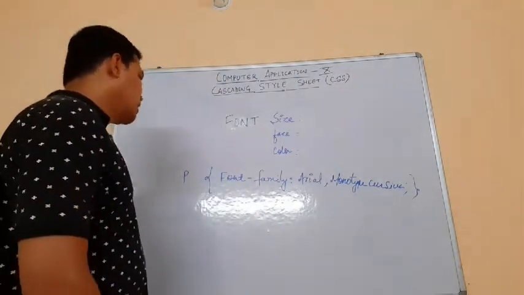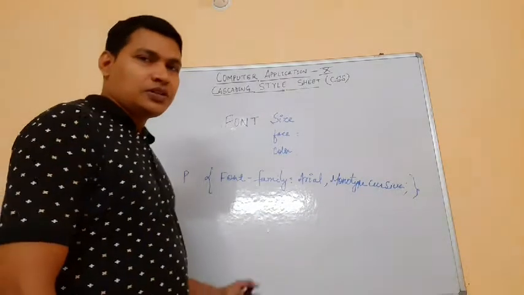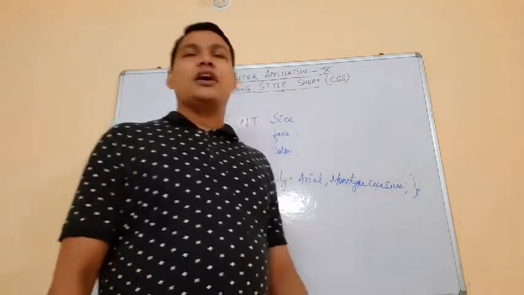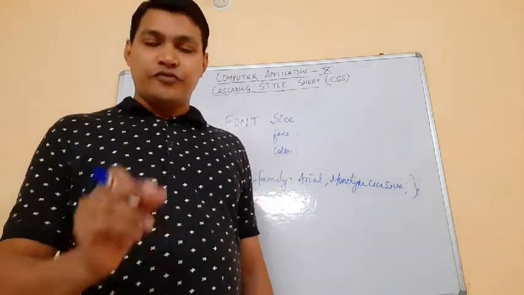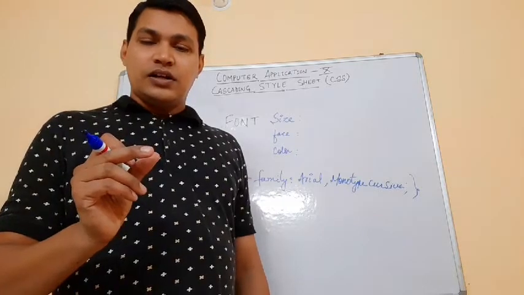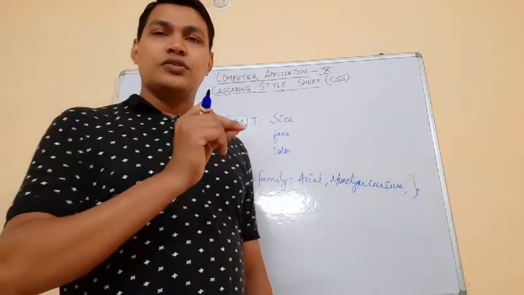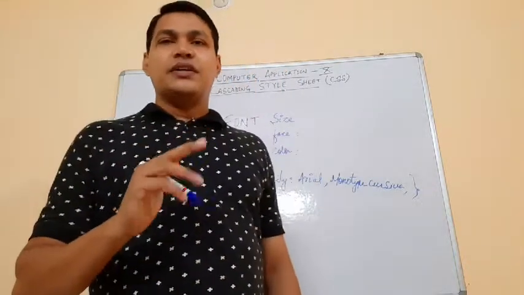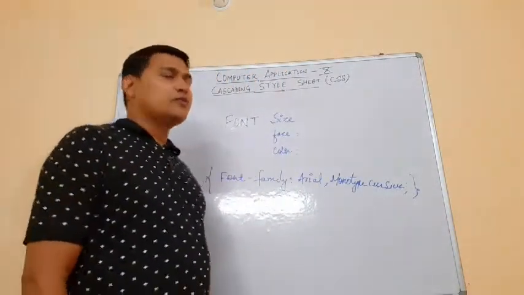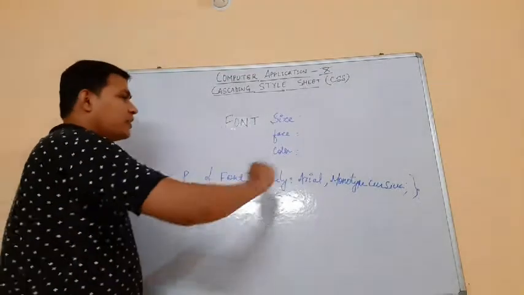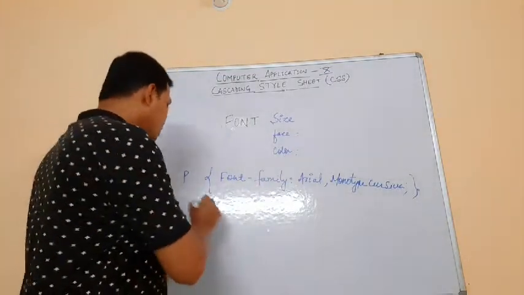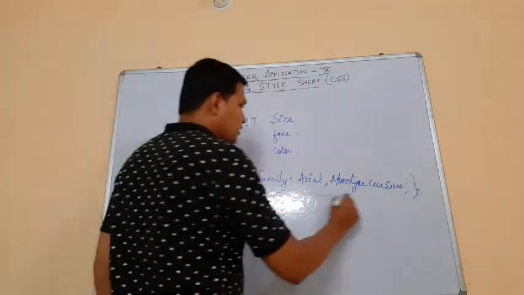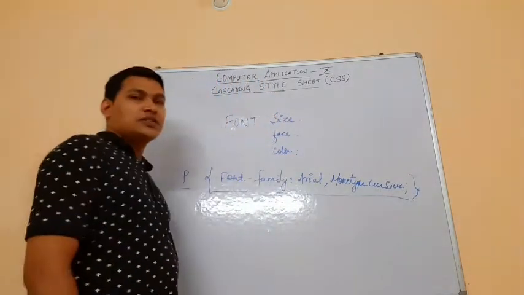Students, how can you use it? In my previous video I discussed that in CSS you can apply your formatting style in three ways: inline, internal, and external. You can use these types of tags in the internal as well as the external.